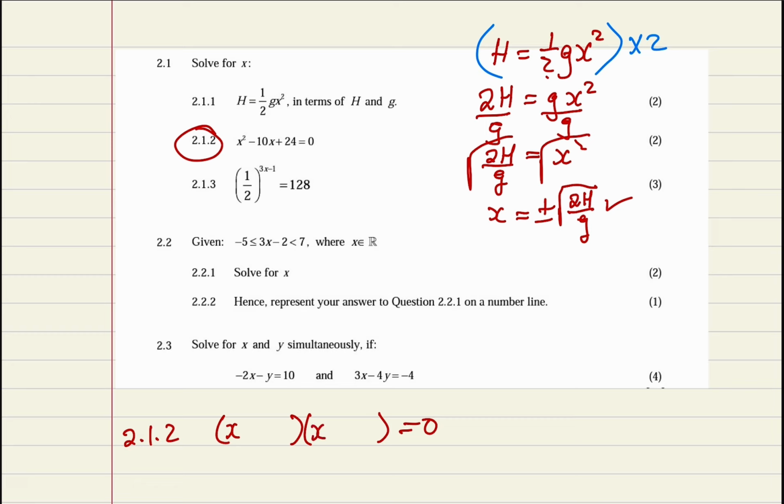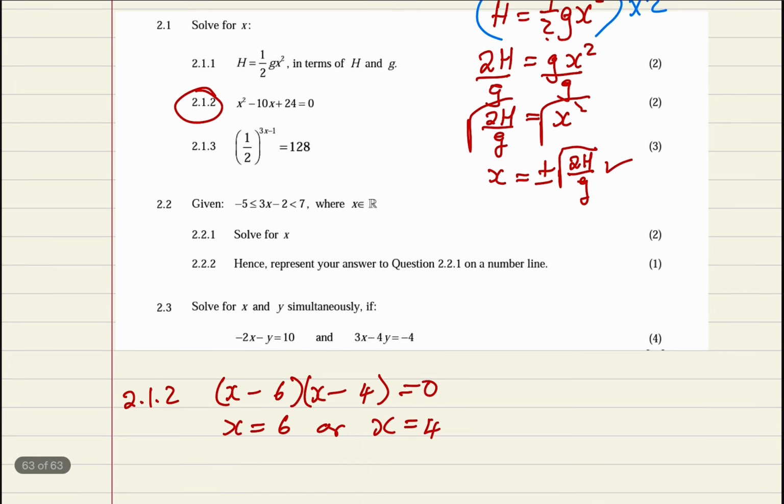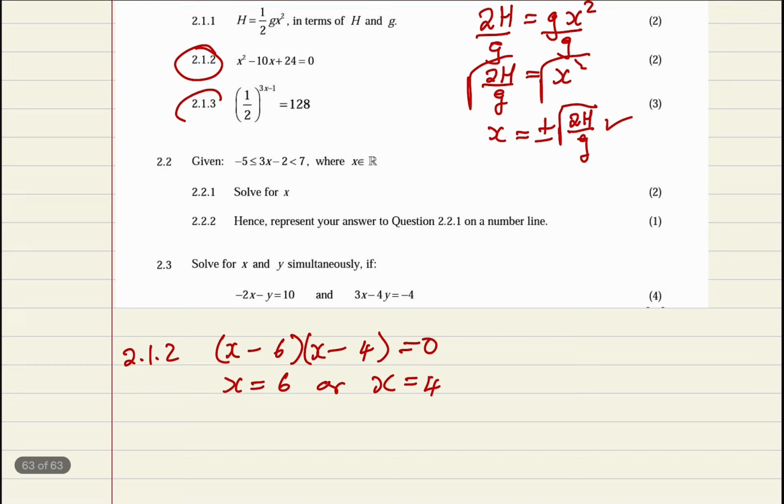Now I'm looking for the factors of 24, that is 6 and what? And 4. 6 times 4 is 24. They're both negative, so we know that x is equal to 6 or x is equal to 4.